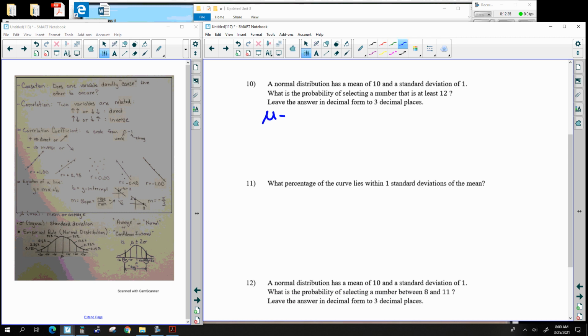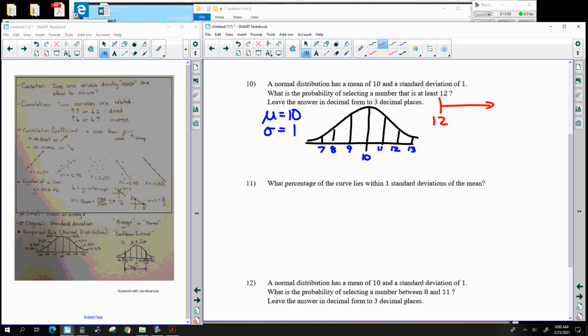Okay, next we have a mean of 10, standard deviation of 1. And we are looking at least 12. At least 12 means the smallest is 12. So 12 or larger.